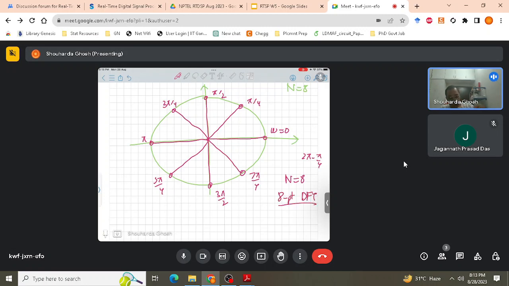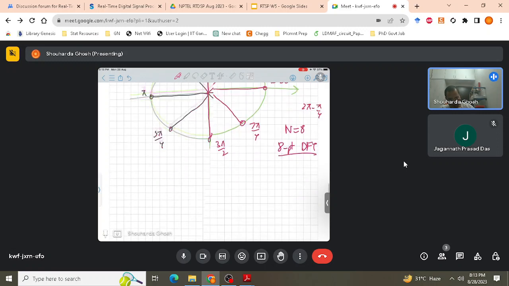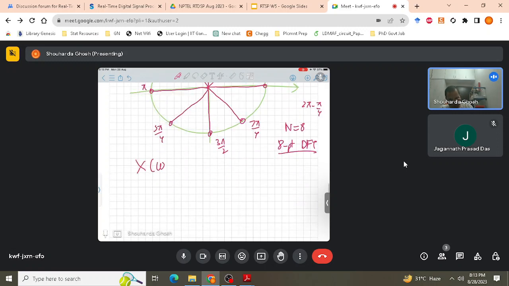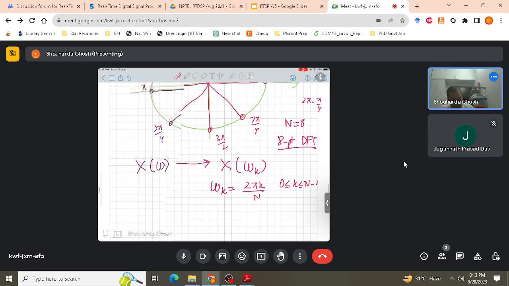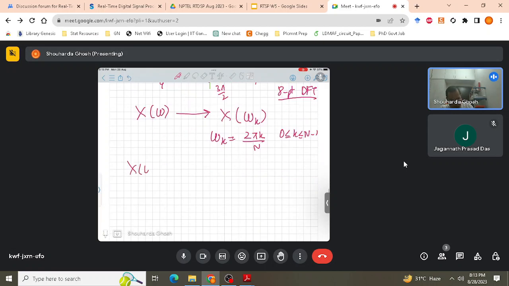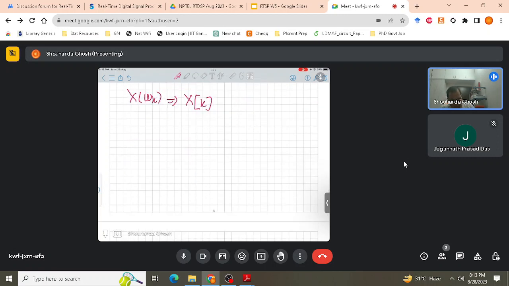You are discretizing the Fourier transform. So rather than evaluating X of omega, you evaluate X of omega k, and omega k is 2 pi k upon N, where k lies between 0 to N minus 1. Rather than X of omega k, for convenience we write it as X of k. And how do we calculate X of k?